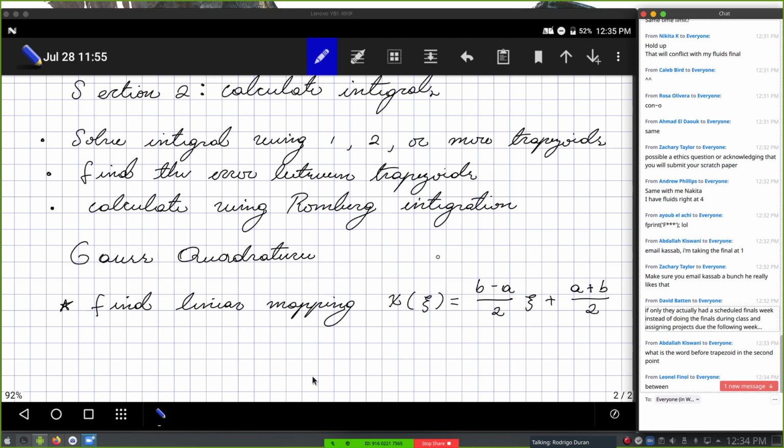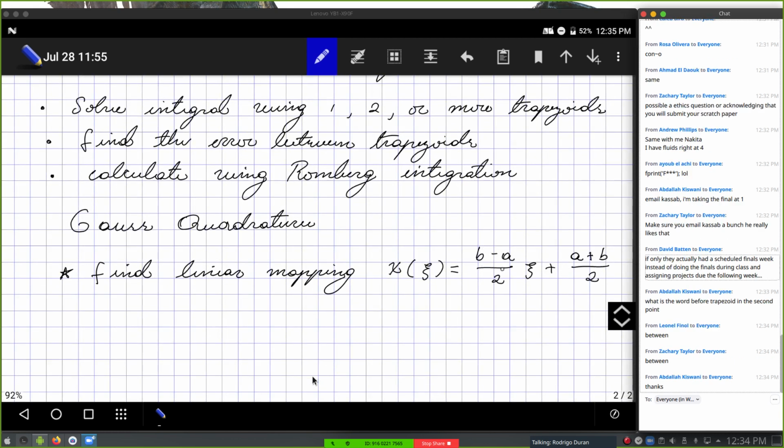That will be the linear mapping, and a and b are your limits of integration, and psi is the mapping variable. So find the linear mapping, and then you also have to know how to find the Jacobian.